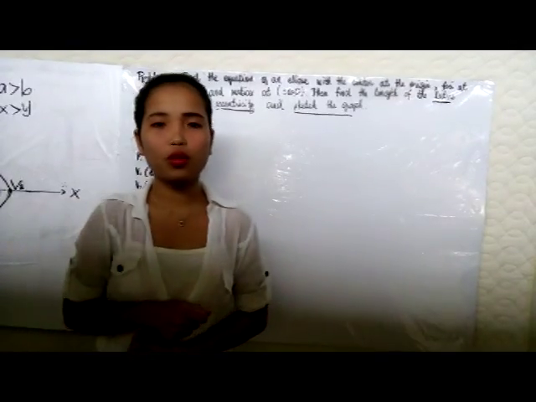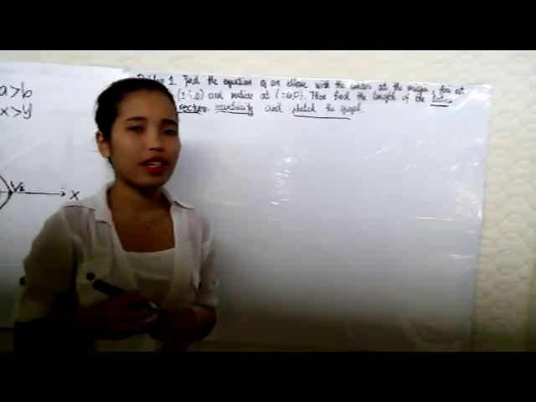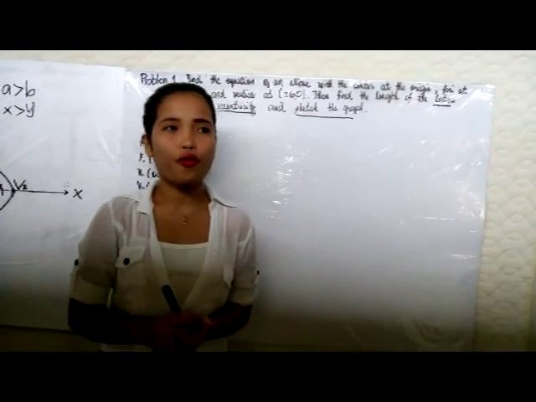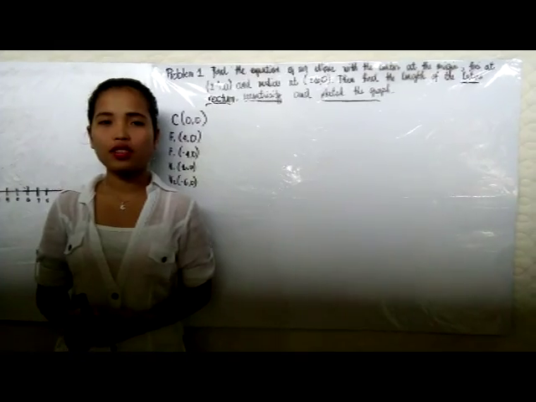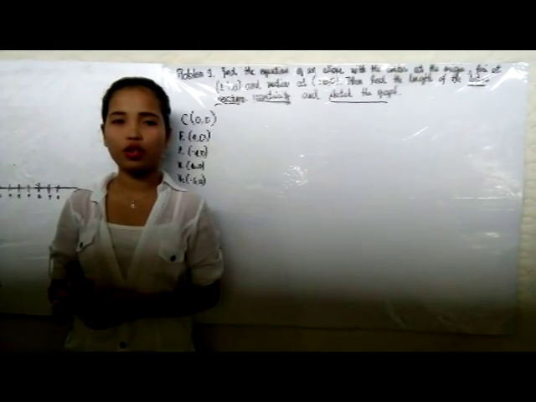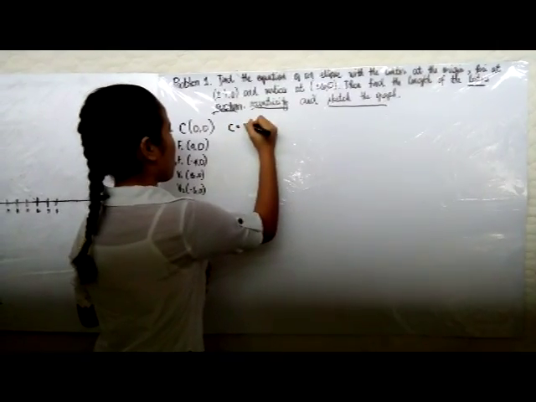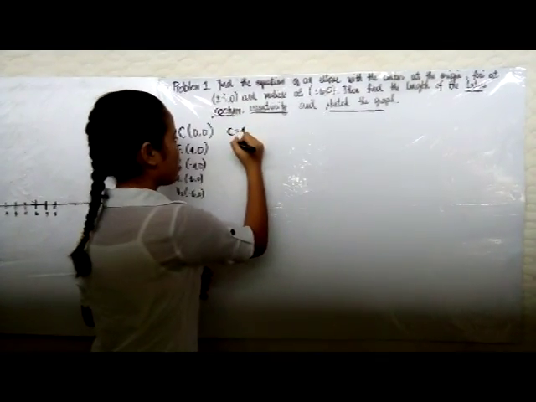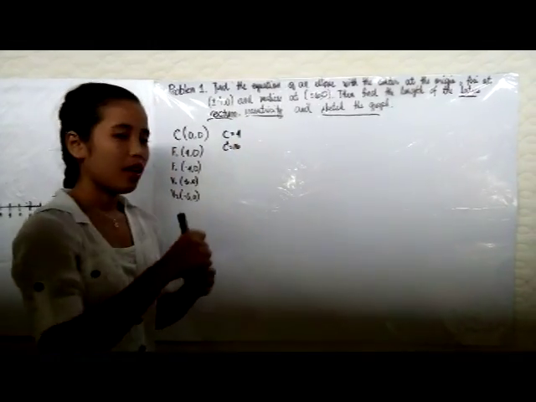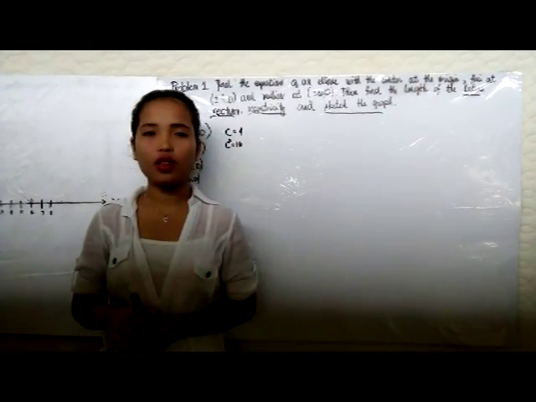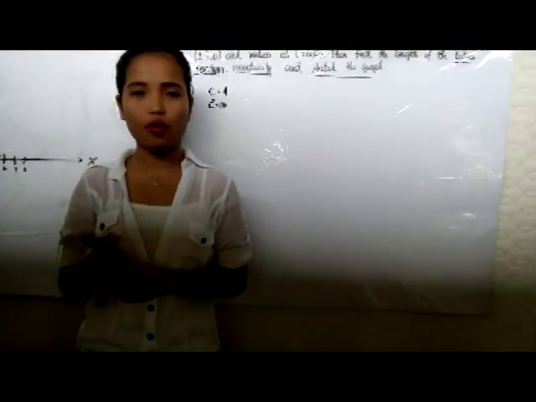Now, we have to find the value of our C, which is the distance from the center to each focal point. So we have C equals 4, and squaring this, we have C squared equals 16. Then, let us proceed to the value of our A, which is the distance from the center to each vertex.